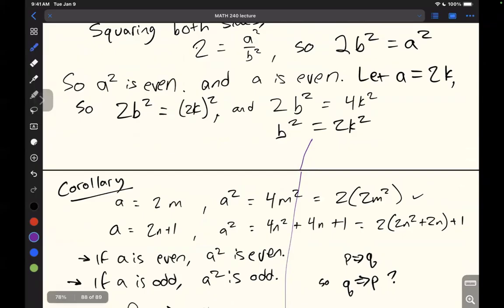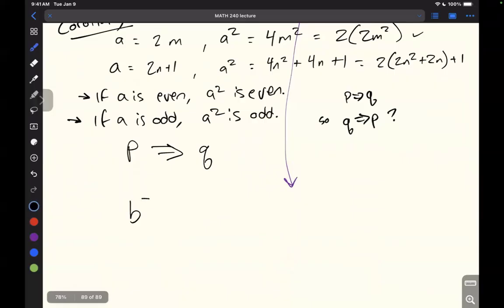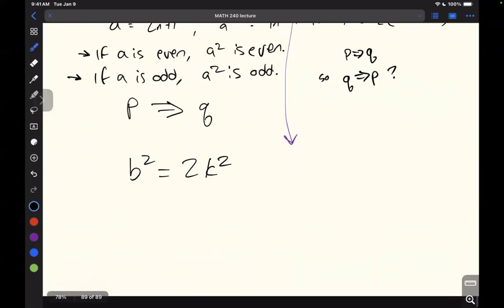So we substituted A, and then we get to a place where b squared is equal to 2k squared. This tells us that b squared is even, and then we know by our corollary that b is even.